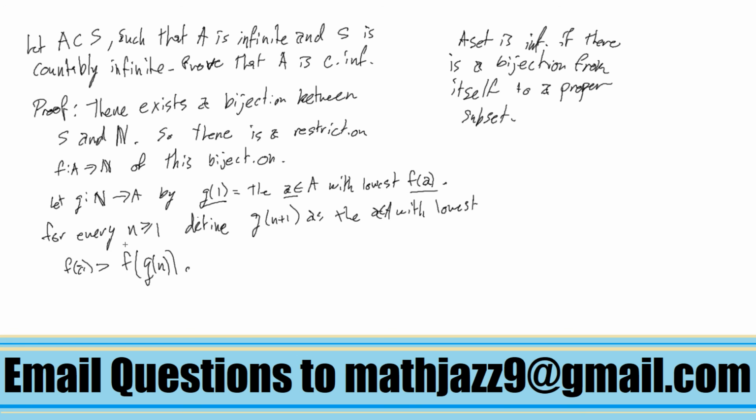And we can only hit each natural number once, because if two A's went to the same natural number, that would break this part of the definition, that each element we define is going to be the next element of A with an f value that is strictly greater. So that's the verbal proof that it's a bijection, but here we go.